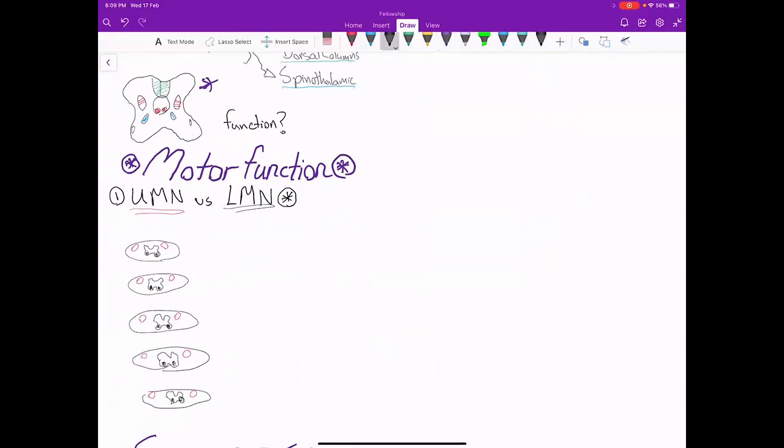We have the ventral horns present over here in the gray matter. And in the white matter, where the tracts are, you have the dorsal columns, which are responsible for all sensation except pain and temperature. Pain and temperature is carried by the spinothalamic tracts, and to be specific, the lateral spinothalamic tracts.